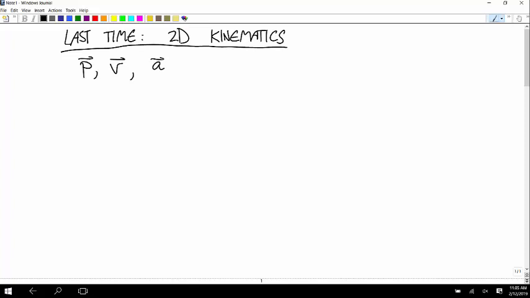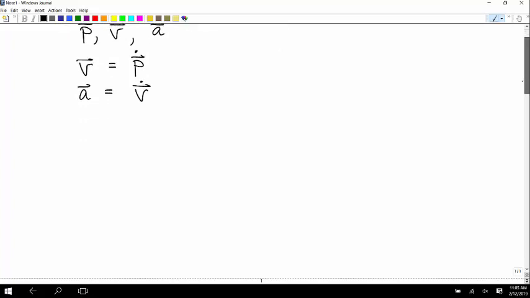The relationships are that the velocity vector is the time derivative of the position, if you have the position as a function of time, and the acceleration is the time derivative of the velocity. We've done problems like this in 1D. Let's do something in 2D.